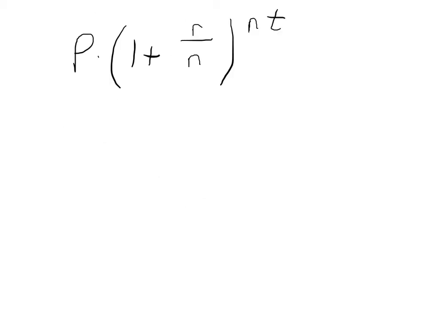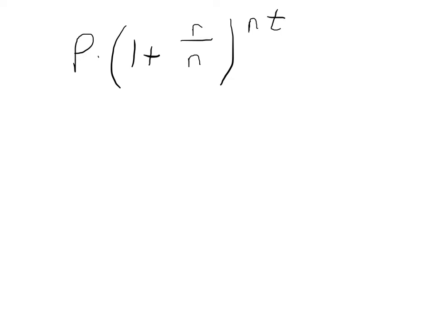So you ask, how does E become involved in all this? Well, in general, the amount of money after a number of years invested at a certain percentage rate, compounding a number of times per year, is given by this expression: principal times 1 plus rate over number of compoundings, raised to the number of compoundings times years.